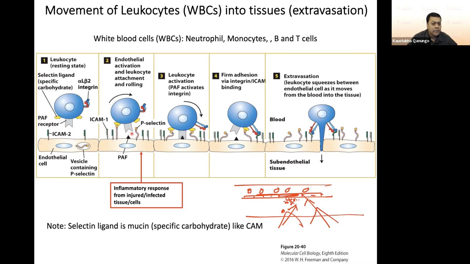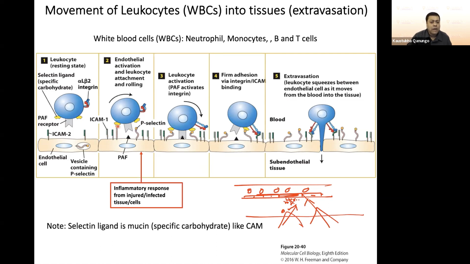Now you have these P-selectins on the cell surface. This will bind to this selectin ligand, which is the mucin-like CAM. So you can see this. When this happens, it will capture the leukocyte, and the leukocyte will kind of roll onto the surface. So why is this happening?